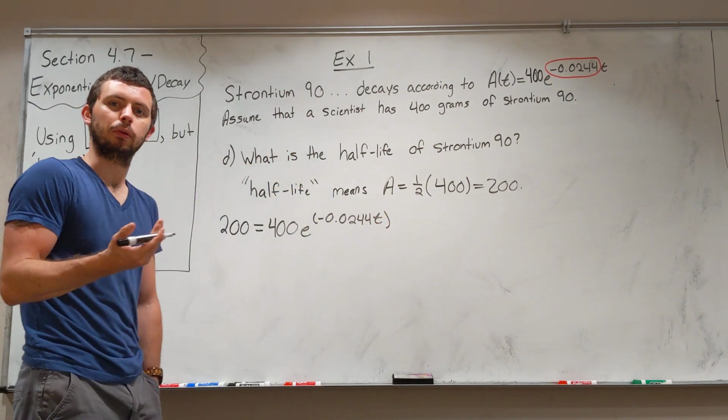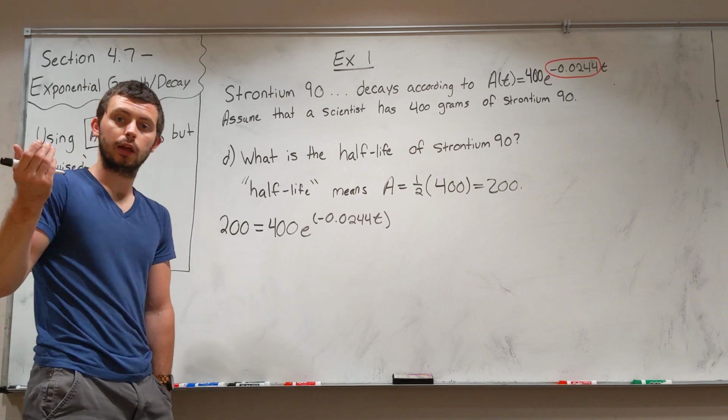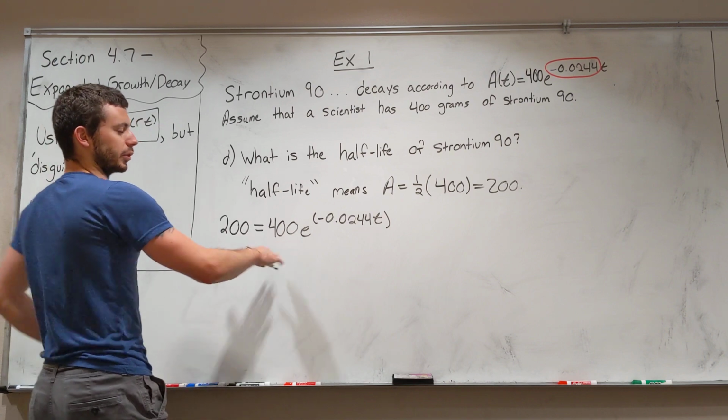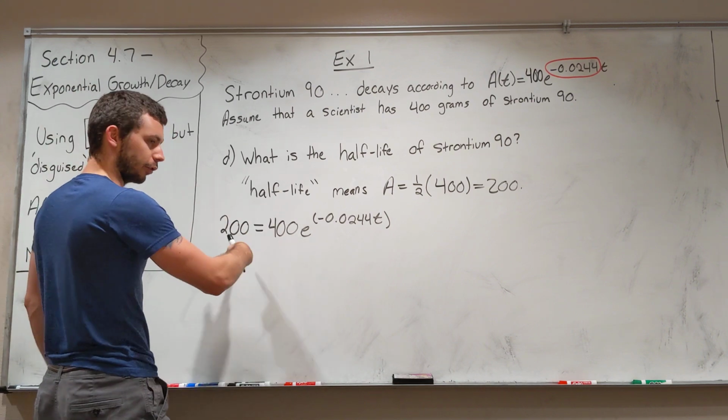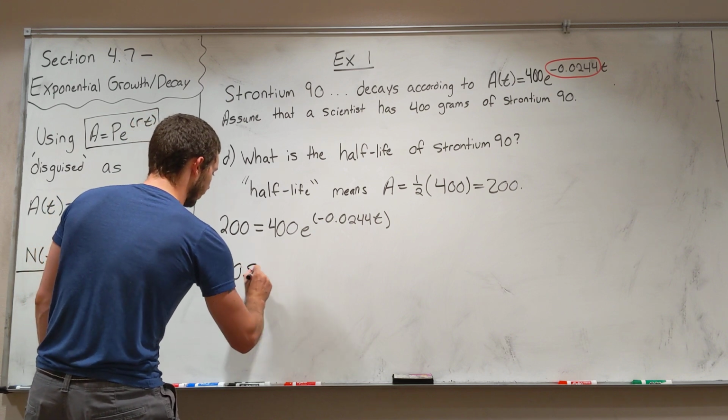And you will see quite a few problems that do mention half-life, so this is something to keep in mind. So we're going to, just like we did in part C, divide both sides by 400, and we will get 0.5.